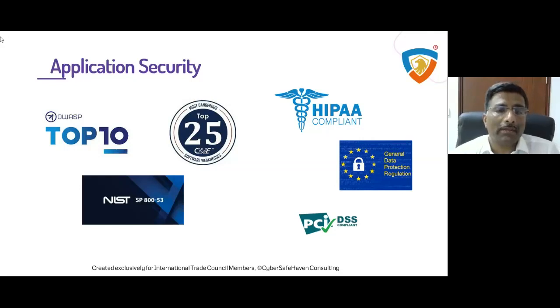So unless you're working with the government, DoD, or you want to become a supplier to the government, the NIST standards might not necessarily be required. One of these two should be more than sufficient. I would recommend the OWASP top 10 as one of the good standards.